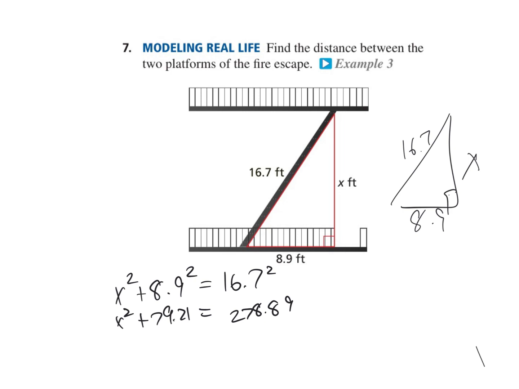So let's subtract 278.89 minus 79.21. And x squared is equal to 199.68. And you take the square root of that, and you get 14.13 feet.